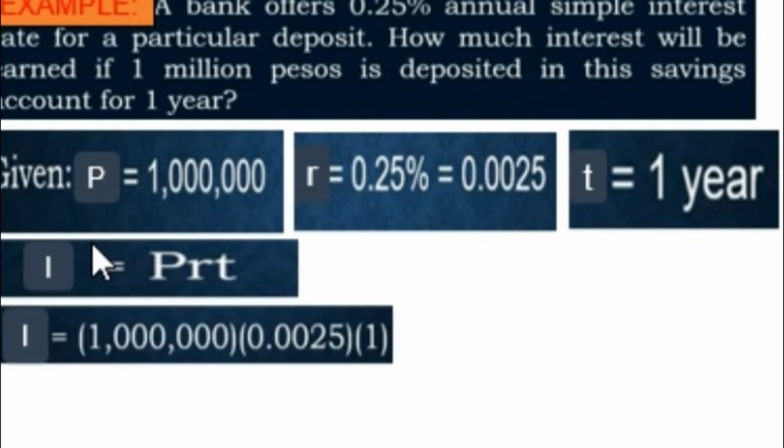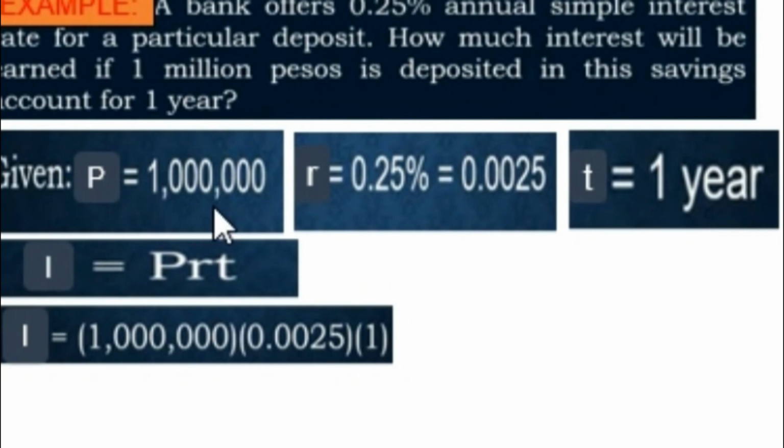And then after that, ang gagawin lang natin is to substitute the principal. So ang value ng ating principal, ito yung P, is 1 million pesos. And then the rate, our rate is 0.25%. Convert that into decimal points. So that's why nagiging 0.0025 times.